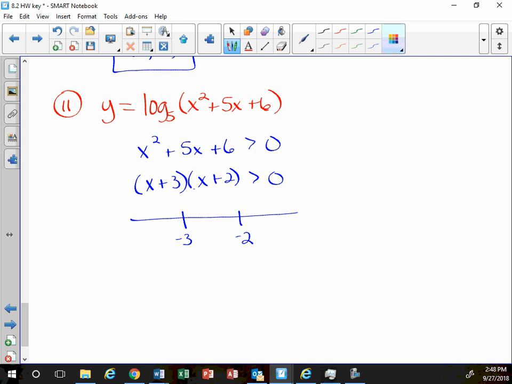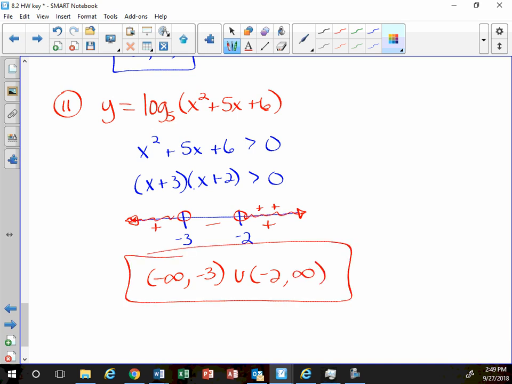Positive, negative, positive; it'll alternate. We're looking for the greater than, so it's the union. Am I including the -3 and the -2? No. You guys are pros at this. That is your domain.